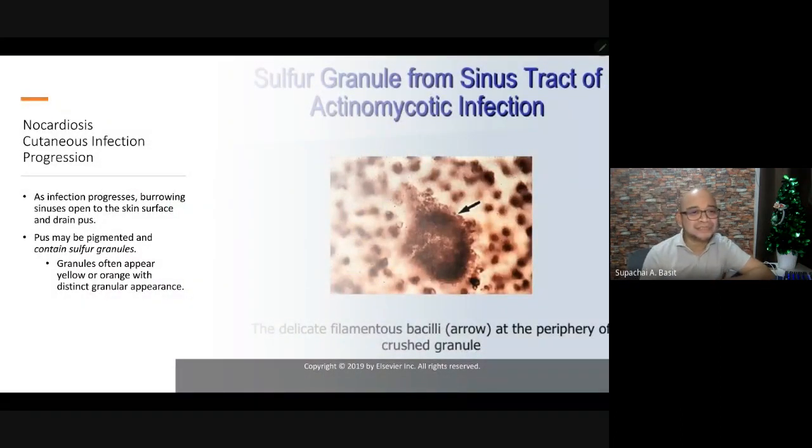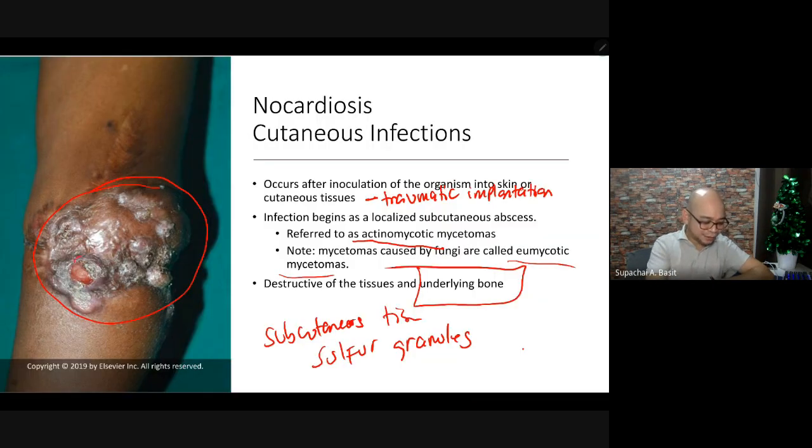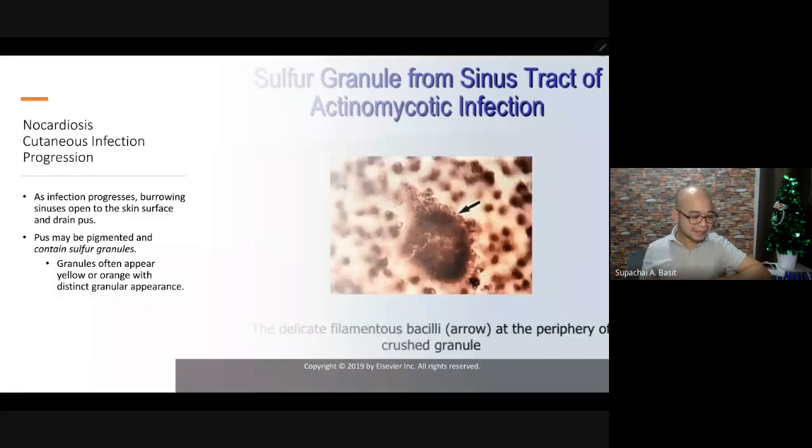So, in nocardiosis cutaneous infection, as the infection progresses, burrowing sinuses will often open to the skin surface and drain pus. Meaning, there is pus that comes out here. These are the draining pus. Pus may be pigmented and contain sulfur granules. So, this is how the sulfur granules would look like.